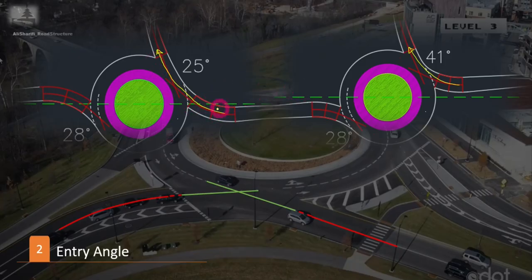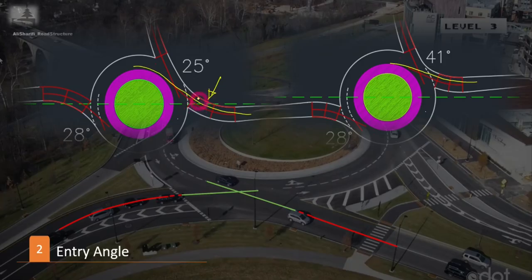It's also obvious that we've got more deflection for entering traffic at this alignment compared to this one here, and more deflection at entry means more speed control of entering traffic, which is desirable.